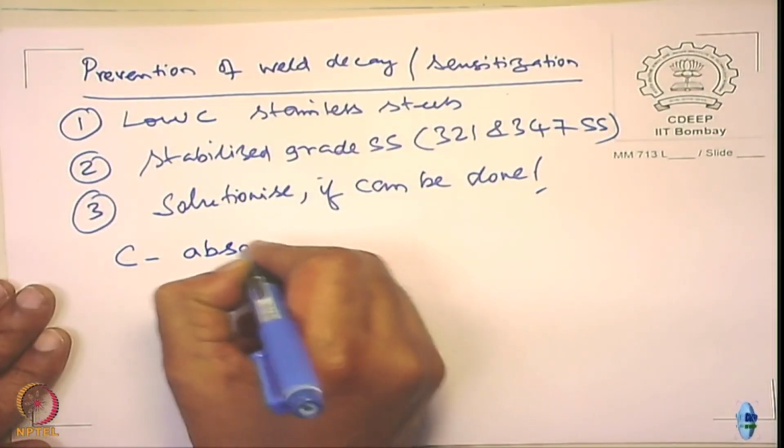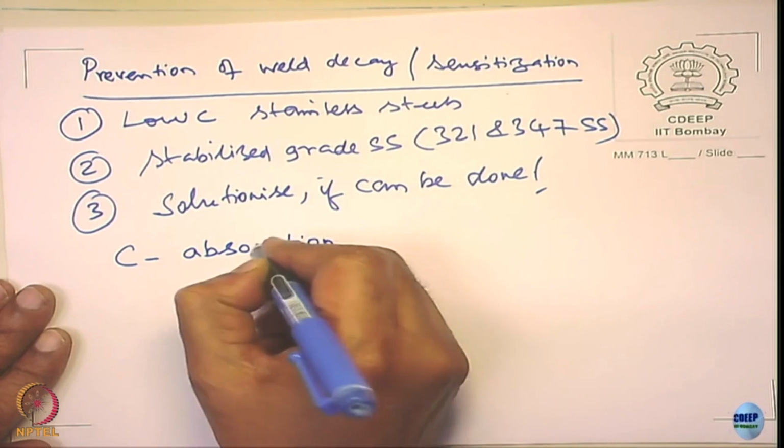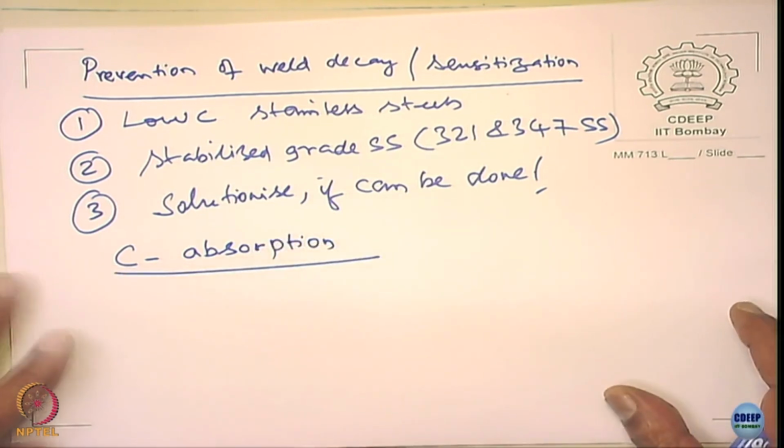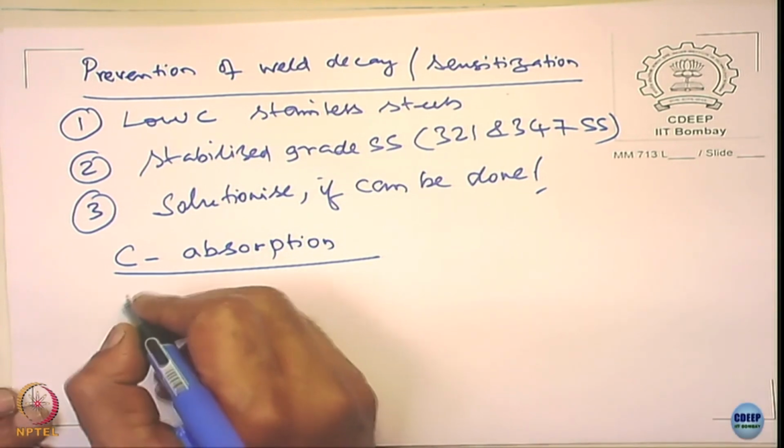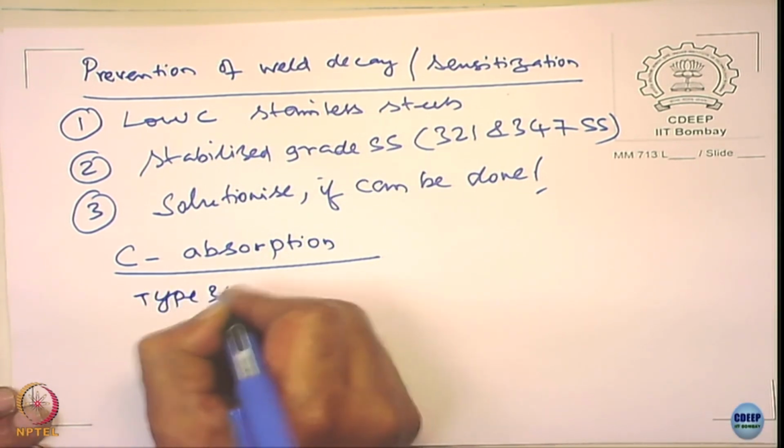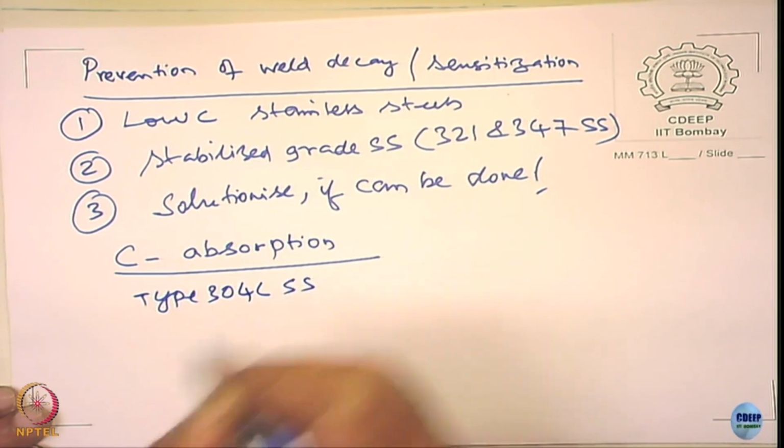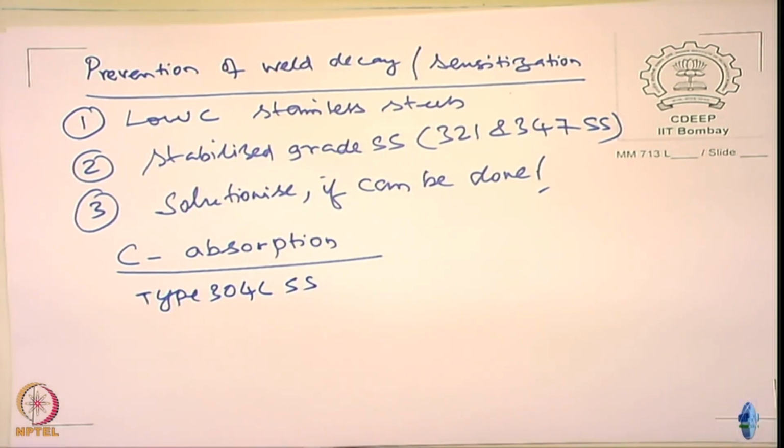One of the important things which we need to consider in weld decay is carbon absorption. So, I have taken, let us say, a type 304L stainless steel, and the guy has welded, and it is found nicely sensitized.